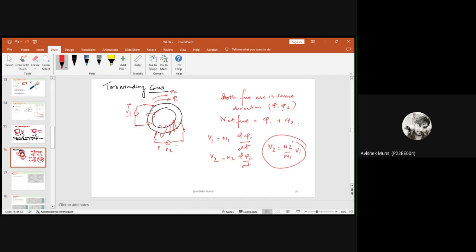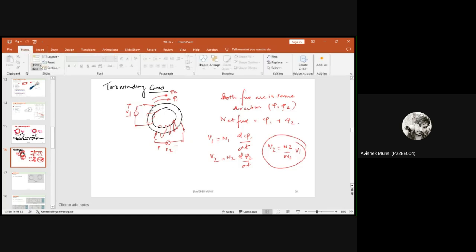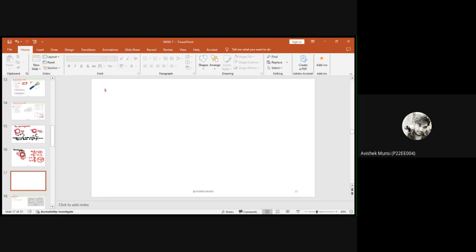Another case can happen where both the fluxes are in opposite directions.